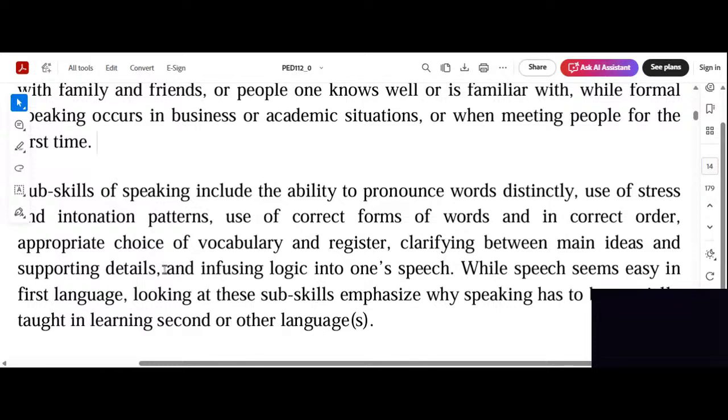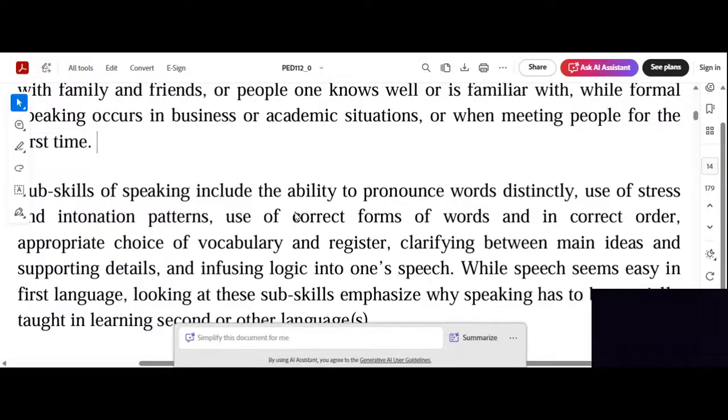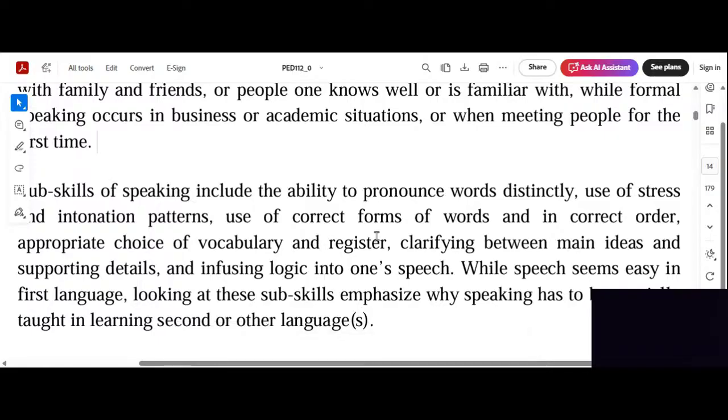We're currently doing it in 102. You need to know which one is the main idea and which one is just additional details, like an explanation to the main idea. So you should be able to infuse logic into your speech.